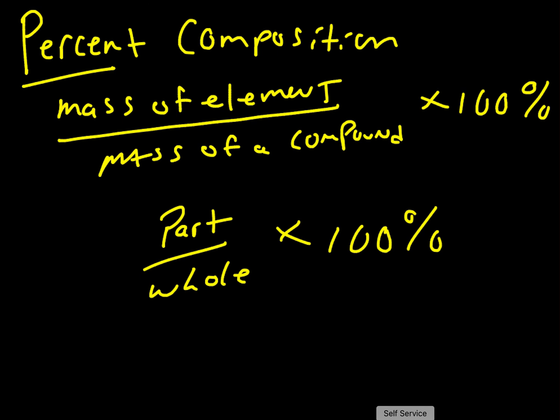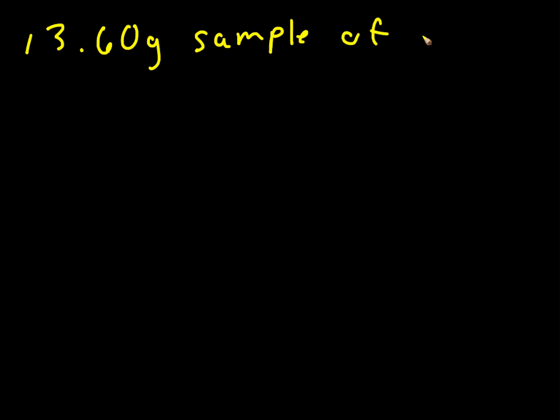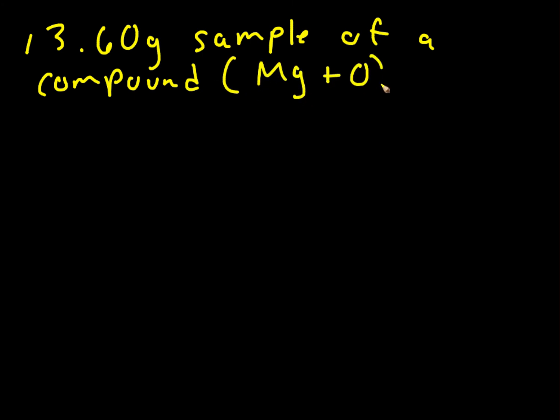Okay, we'll do 3 examples, and we'll be out of here. So, first one's going to say we're going to have a 13.60 gram sample of a compound, and it contains magnesium and oxygen.